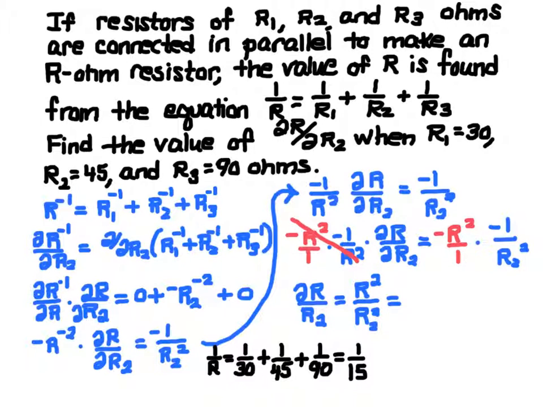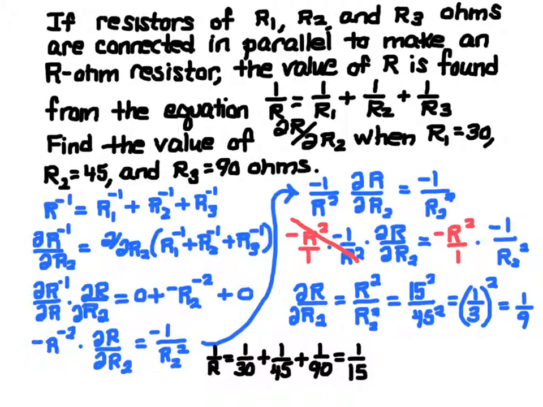So going back to the partial derivative of r with respect to r2, we have, it is equal to r squared, so 15 squared, over r sub 2 squared, and r sub 2 is 45, over 45 squared. And that is equal to 1/3 all squared, which is 1 over 9.